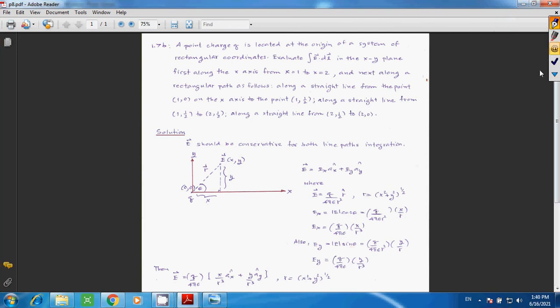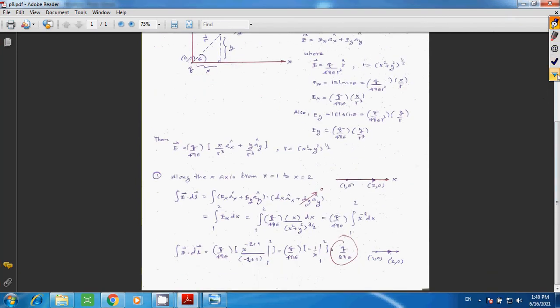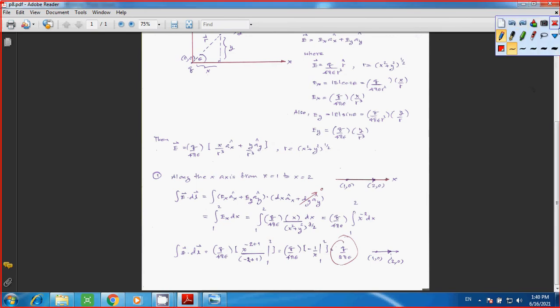So let's move on. The first condition is to do integration along the x-axis from x equal to 1 to x equal to 2, so that goes like a straight line. Your line integration of E·dl, I wrote down as the complete term: this one is E and this one is dl.